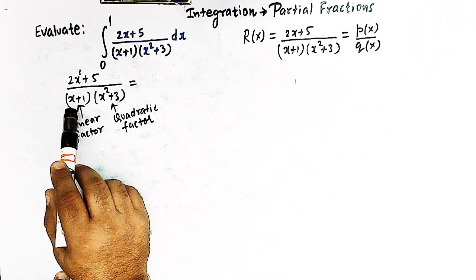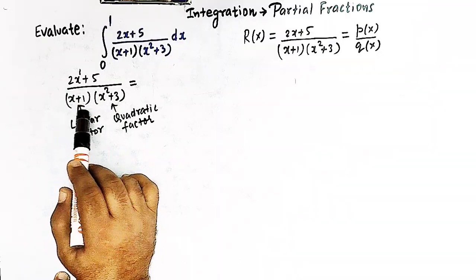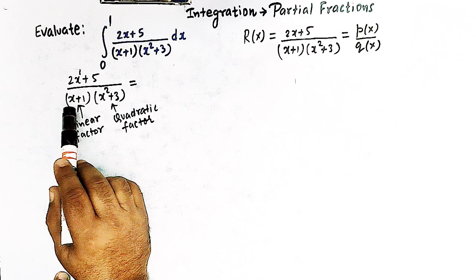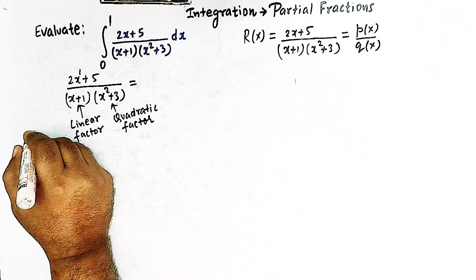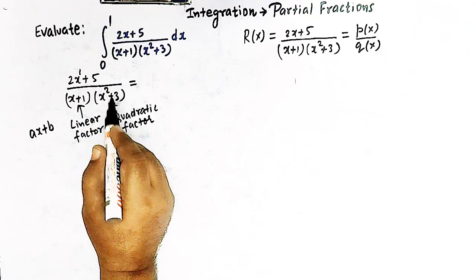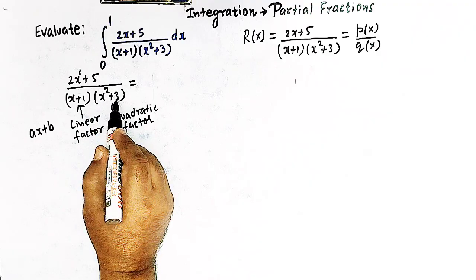And moreover, we can see that the denominator is a combination of a linear factor of the form ax plus b and the quadratic factor x square plus 3.